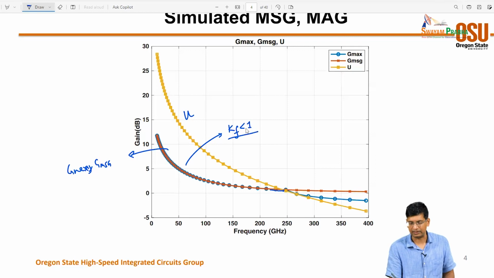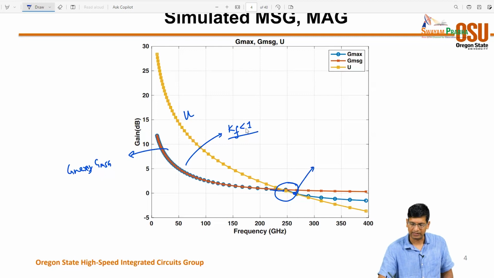And you can see that this transistor, because I'm just taking the native transistor and simulating, without putting any parasitic resistances in and around it, is not unconditionally stable until very high frequency. But you can see also what I said about U and G mats crossing 0 dB.